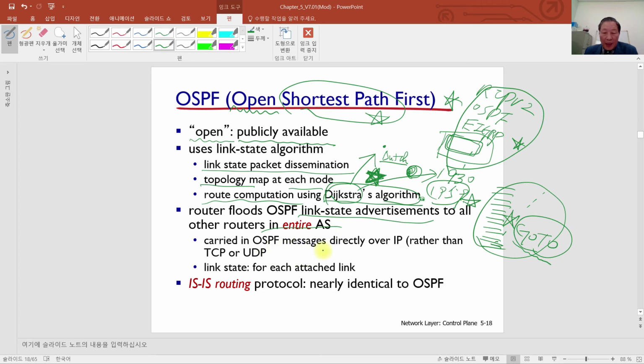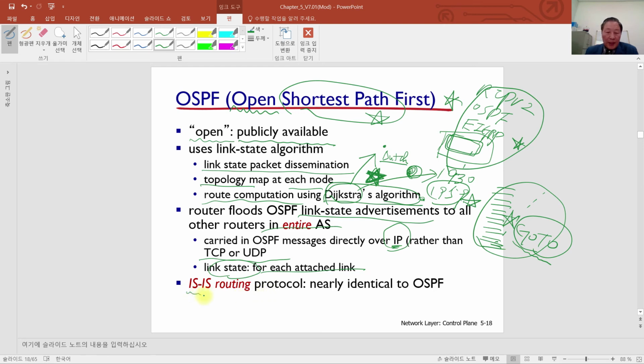They are carried in OSPF messages directly over Internet Protocol rather than TCP or UDP. This Internet Protocol is being used. And for each attached link, that is called link state. In a computer network, each link has that state.